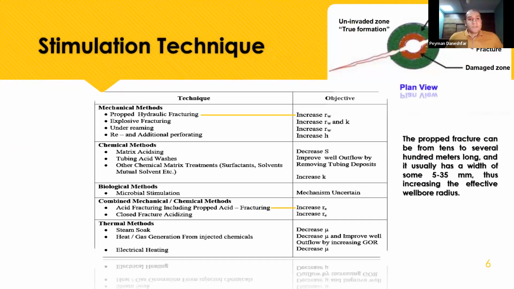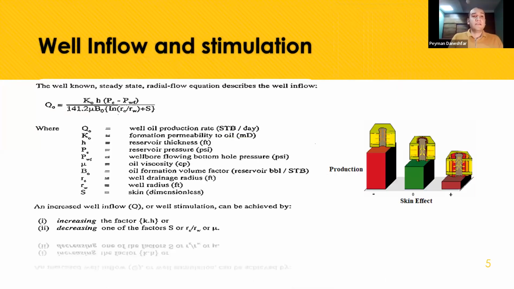Some stimulation techniques you can see in a table. Propped hydraulic fracturing increases the effective radius of the well. Why? Because in the past slide, if you raise the radius of the well, you get a smaller logarithm quantity and better production.